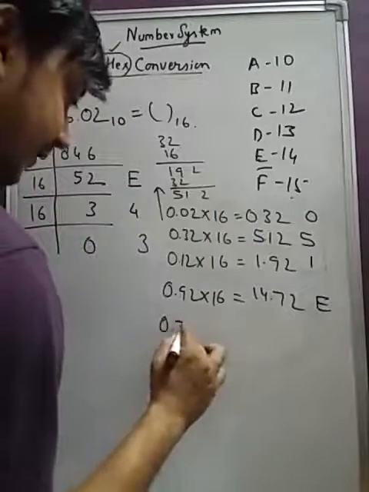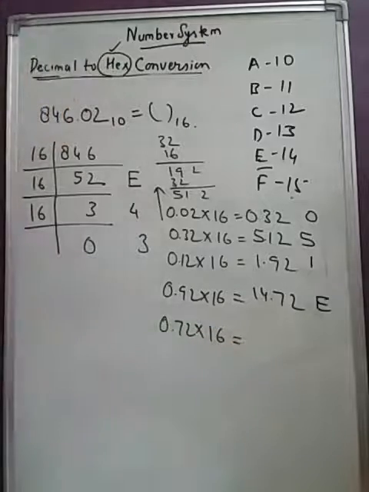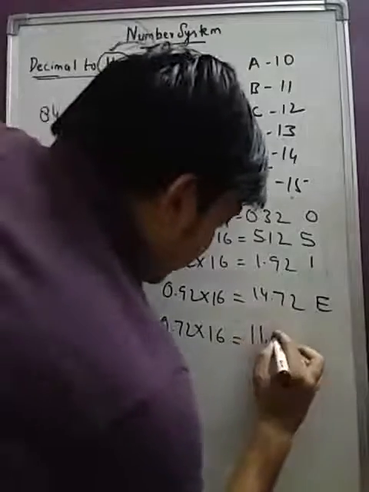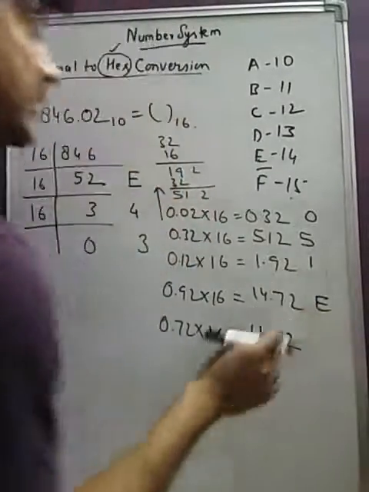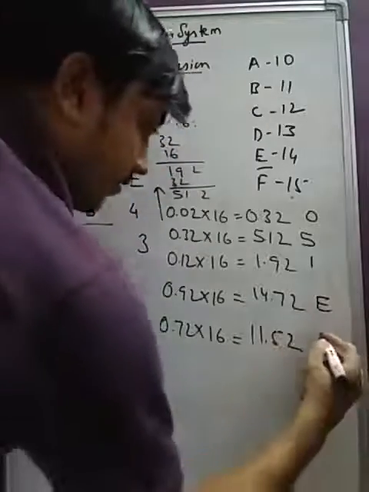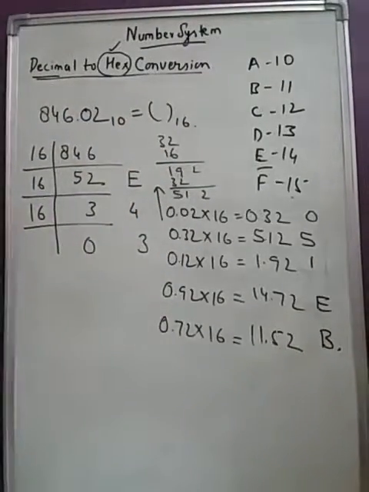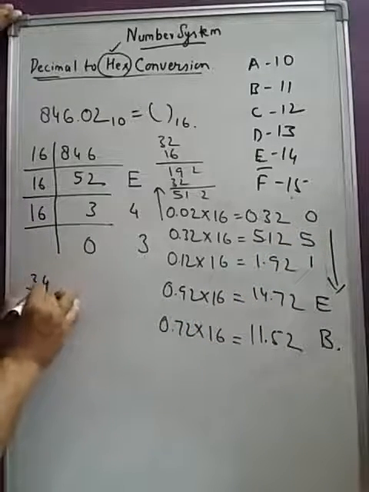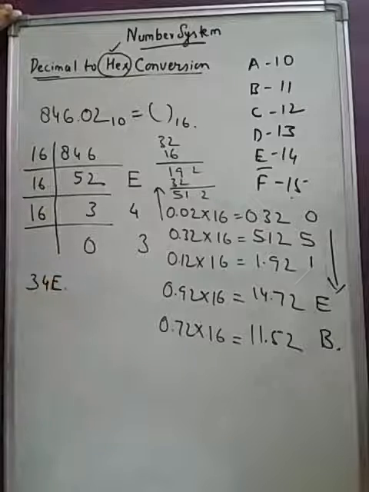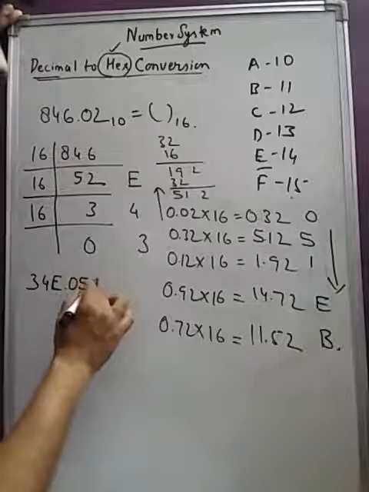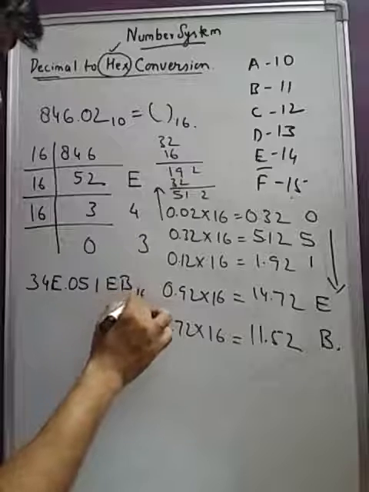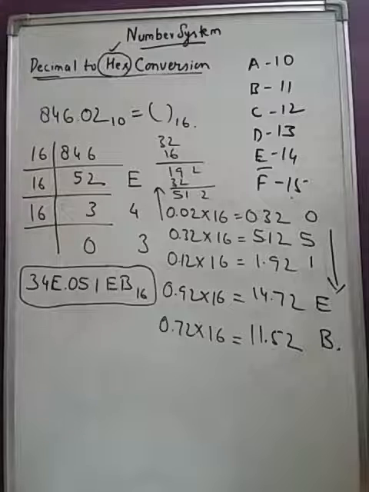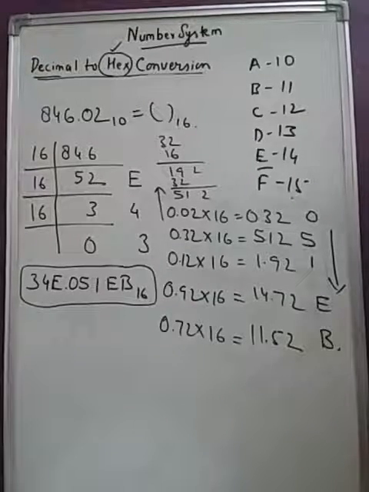Then 0.72 multiplied by 16 will give you 11.52, and for this 11 you have B. Okay, B. So what will be the answer for this question? This will be equal to 3 4 E dot 0 5 1 E B base 16. So this will be the answer for the question.